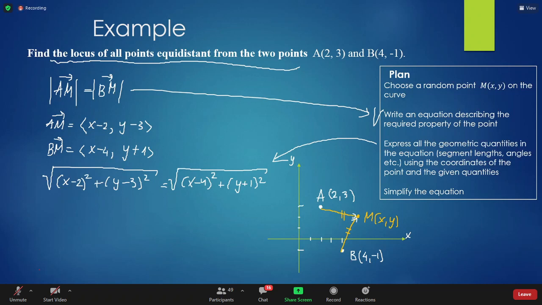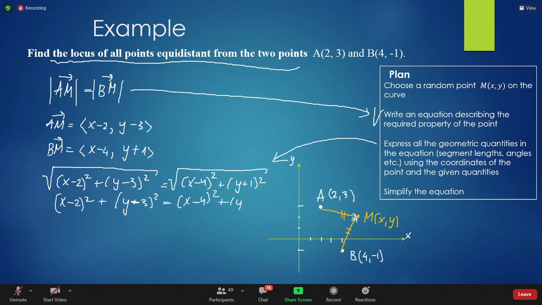So simplifying means, evidently, let's square both sides. If we square both sides, then we get simply x minus 2 squared plus y minus 3 squared equals x minus 4 squared plus y plus 1 squared. Is it simple? No, it's not.